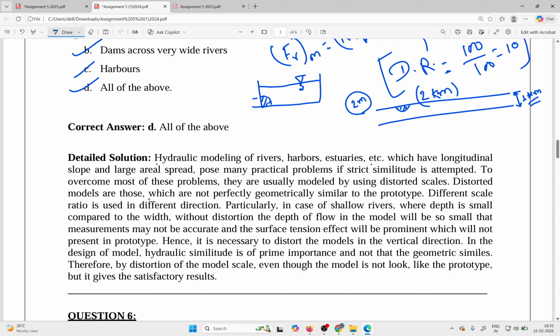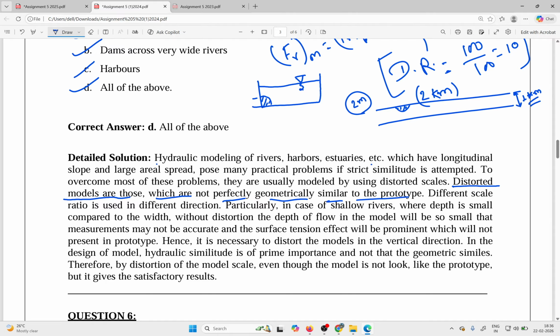Remember, distorted models are those which are not perfectly geometrically similar to the prototype.